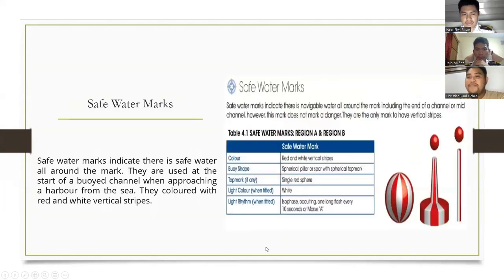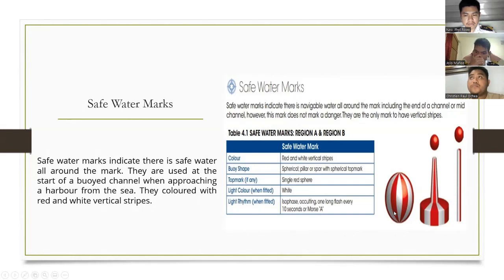Next slide. The safe water mark indicates there is safe water all around the mark. They are used at the start of a buoyed channel when approaching a harbor from the sea. They are colored with red and white vertical stripes.